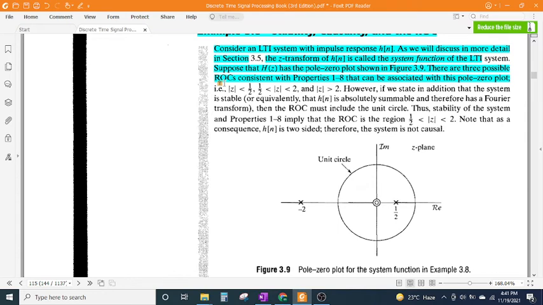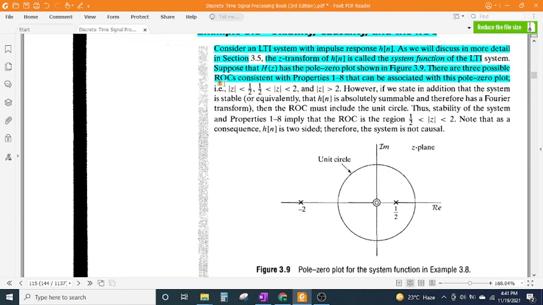Thus, stability of the system and properties 1 to 8 imply that the ROC is the region 1/2 < |z| < 2. Note that as a consequence, h[n] is two-sided, therefore the system is not causal.